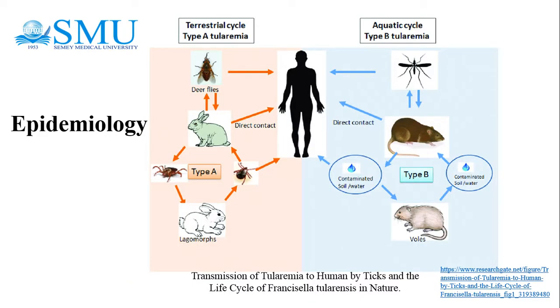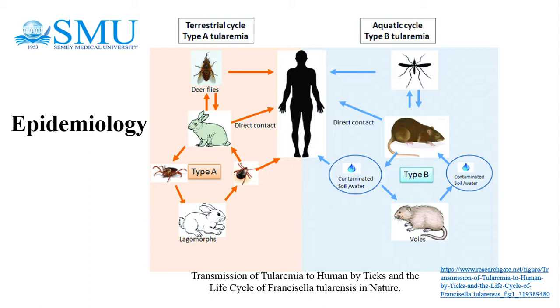And the epidemiology of Francisella tularensis. Francisella tularensis is found widely in nature and has been identified in almost 250 wildlife species, including more than 50 species of arthropods. There are several potential vectors that transmit Francisella tularensis to humans.